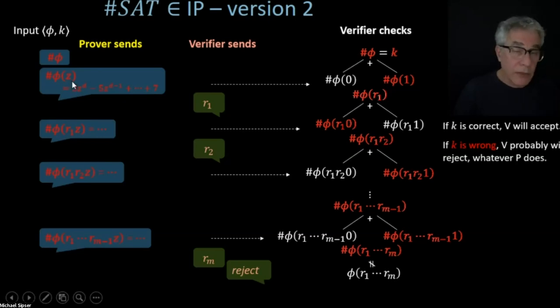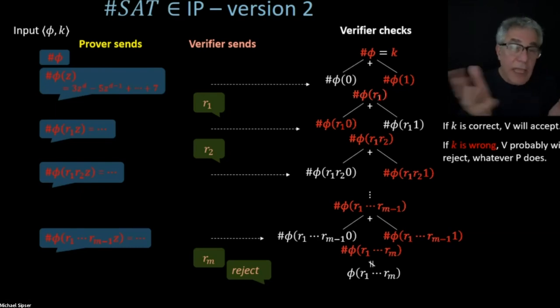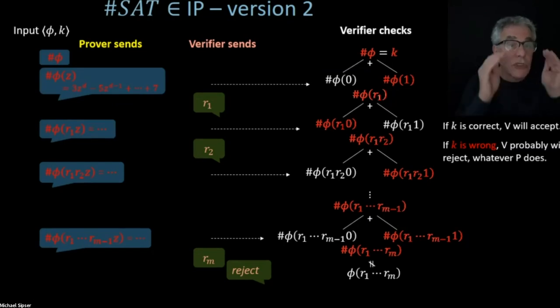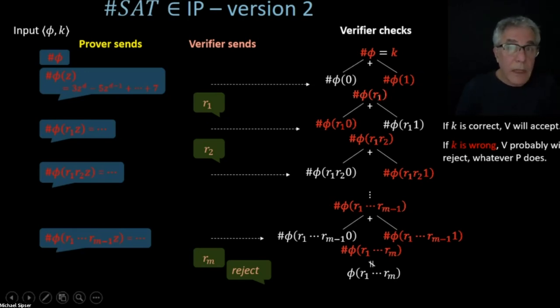You have to go back and look at the definition of number phi of a, because you add up over all the other variables. So now we're plugging in a variable instead of a, but you're still adding up over the other variables. So this is a function in just one variable, and because the original thing was a polynomial, this is also going to be a polynomial.